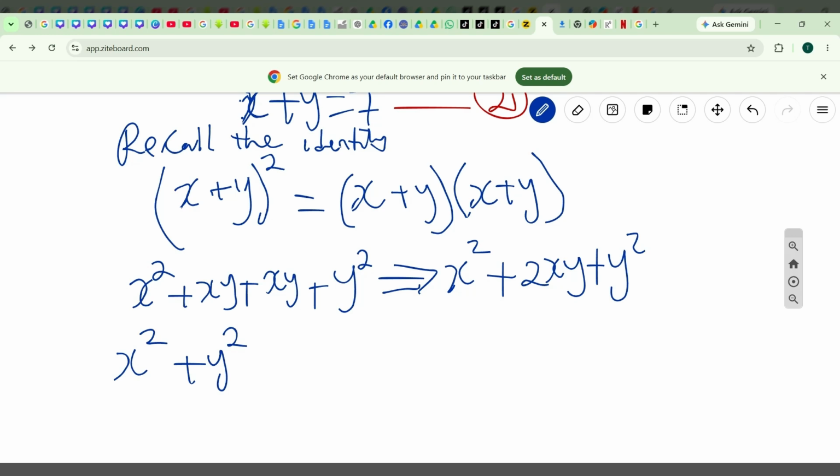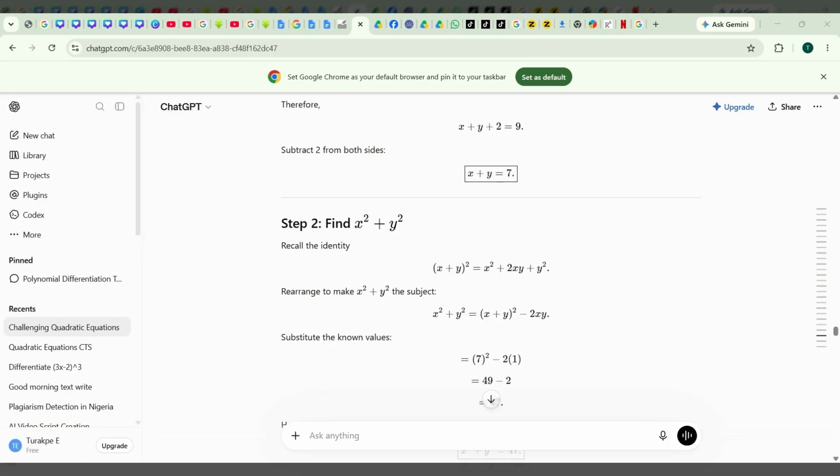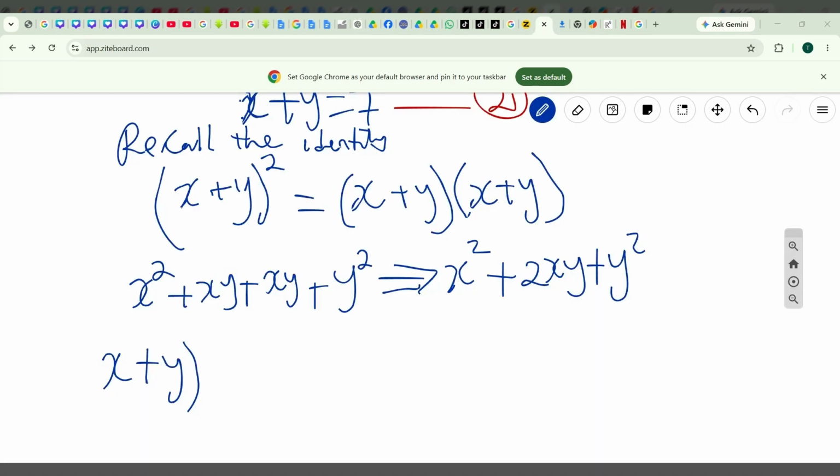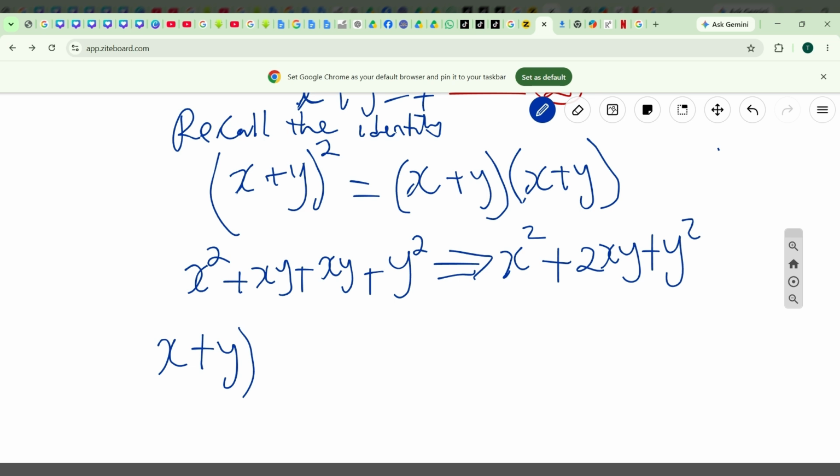So what we have here is x plus y. Okay, so what we have here is going to be x plus y squared is equal to x squared plus 2xy plus y squared.